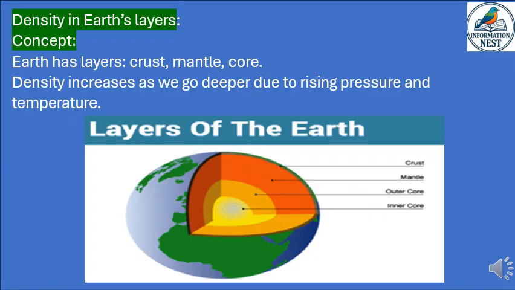Here is a key concept. As we go deeper, density increases. Why? Because pressure and temperature rise the further down we go. The particles get squeezed tighter and tighter, like packing clothes into a suitcase for a long trip. Crust is light, and the rocky core is heavy and metallic. Deeper is denser.